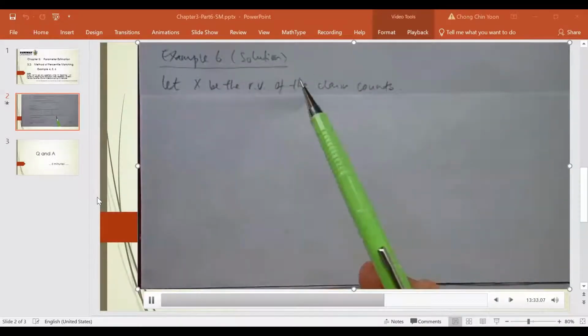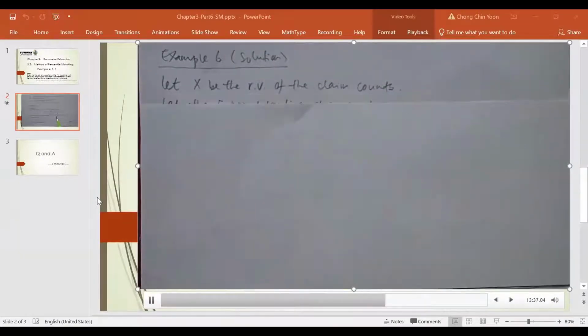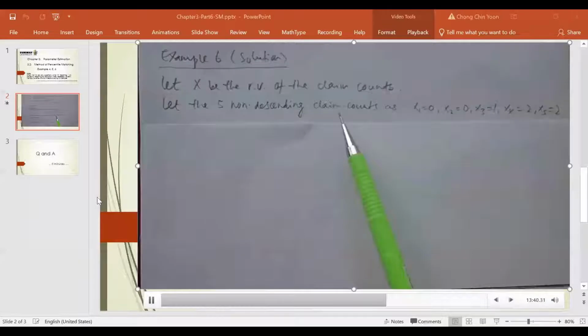Example 6. Let x be the random variable of the claim counts. Let the 5 non-descending claim counts be x1 equals x2, which is 0, x3 is 1, and x4 equals x5, which is 2. Case 1.